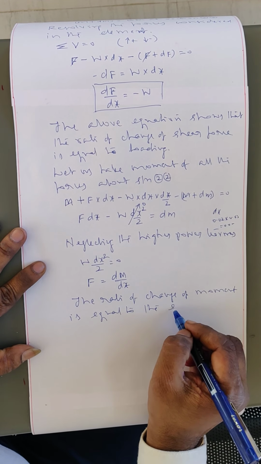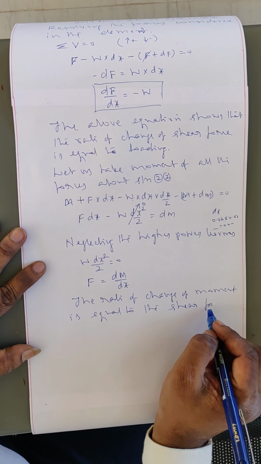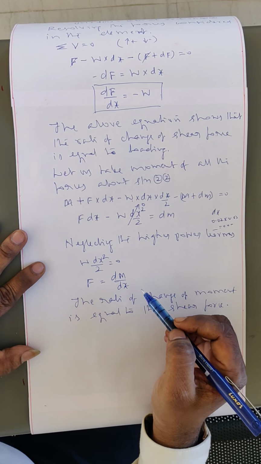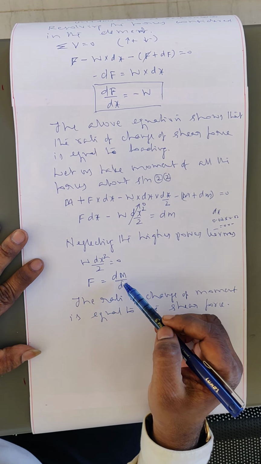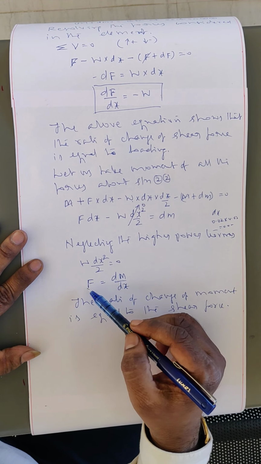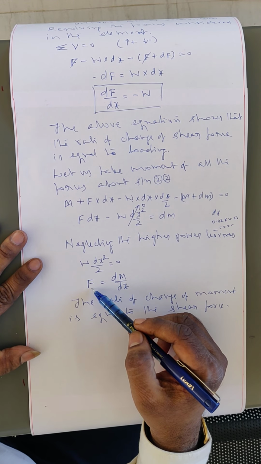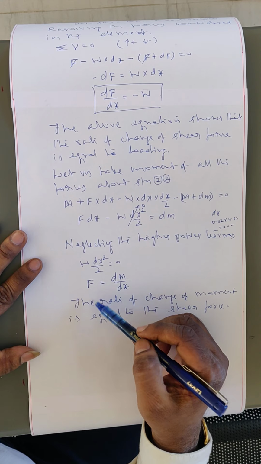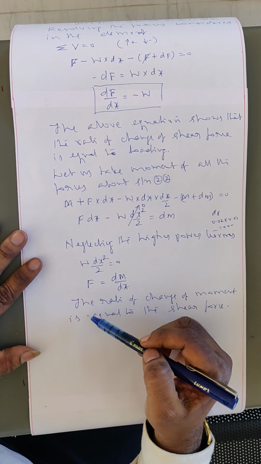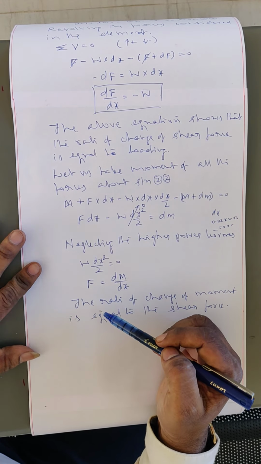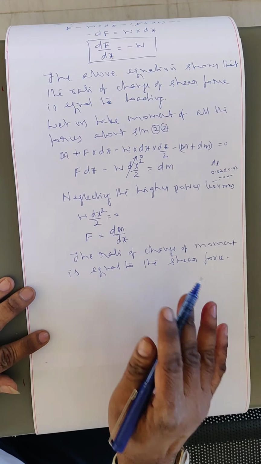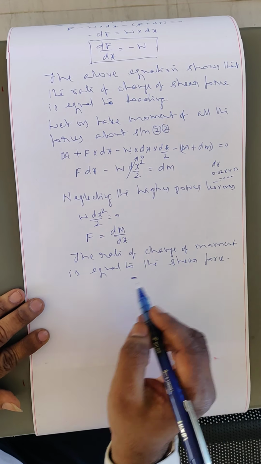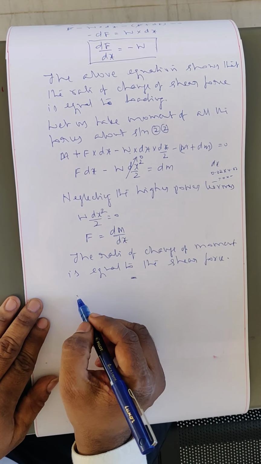Now we have shown that the rate of change of shear force is the load. Again, the rate of change of moment is the shear force. There is a relation between load, shear force and bending moment. We proved this. Now let us see some sign conventions before solving some problems.